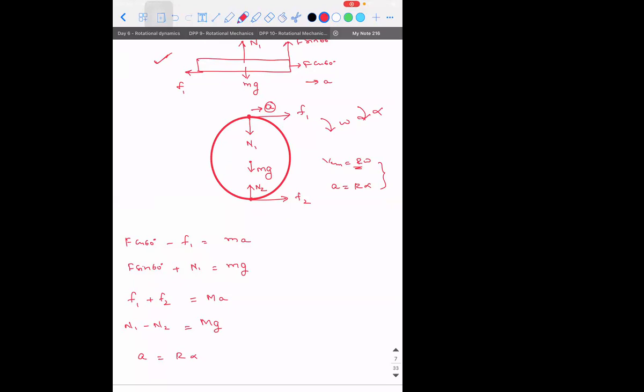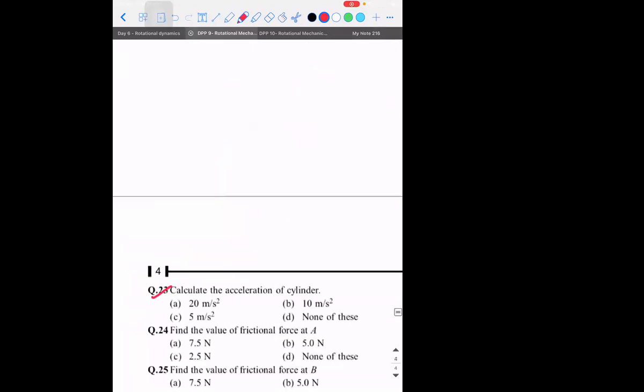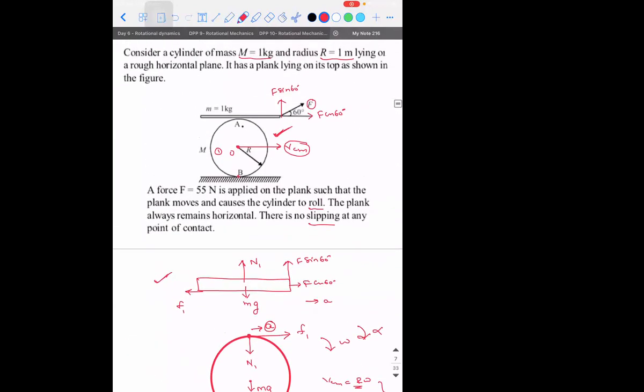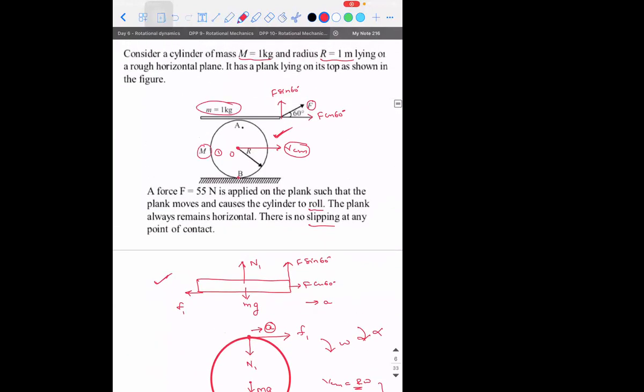So tell me, will you be able to calculate the acceleration of the cylinder? What are all the given values? Small m is given, capital M is given, capital R is given, F is given, yes, 55.